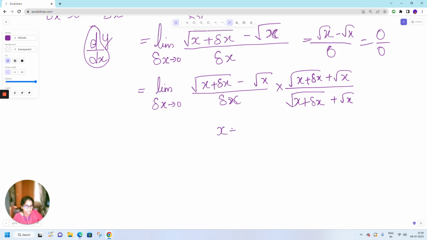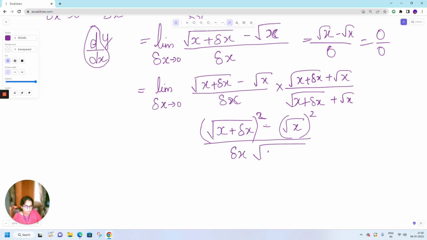That would be a square minus b square. Correct? So now if I square this, a square minus b square, root x the whole square, divided by del x. I'll keep this term as it is, root of x plus del x plus root x. Okay, so we have the limit term as it is, del x tending to 0.